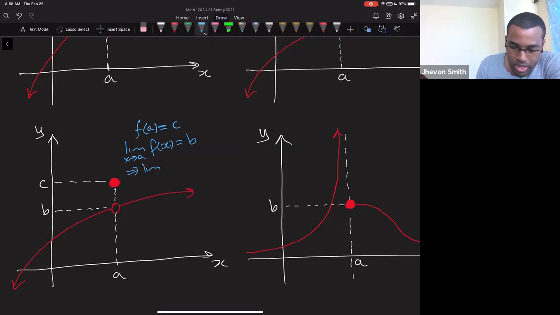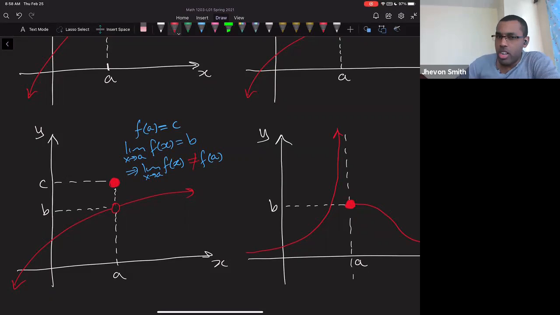You can see the positive distance between them here. So once again, not equal. We're in a situation where both the function and the limit, you can compute them. They make sense. They're defined, but they're not the same.